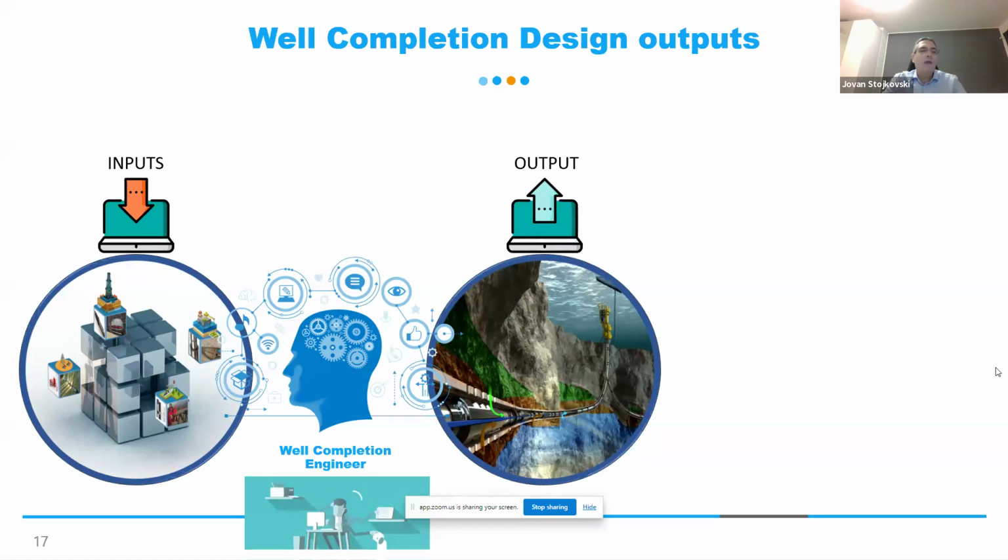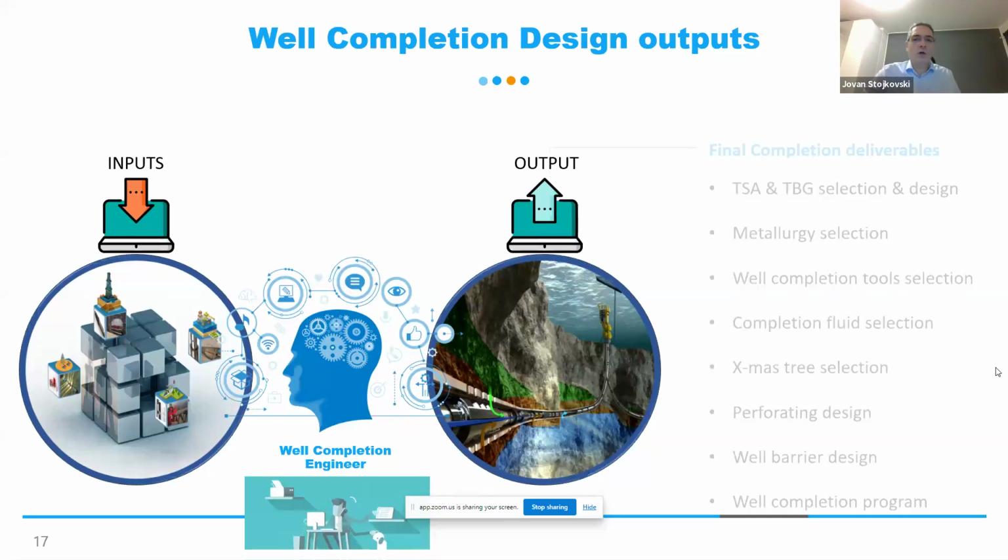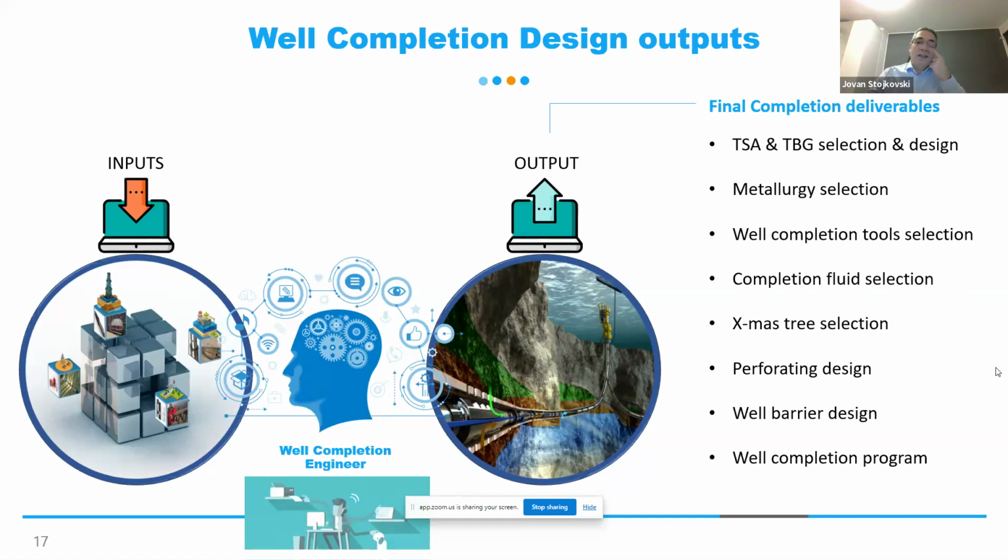It's not always that you will answer 100% of this, but whenever you have more inputs, you can shape your product better. So going into the output, I call it deliverables. After all your inputs, you need to deliver the completion design, so you need to bring some deliverables.